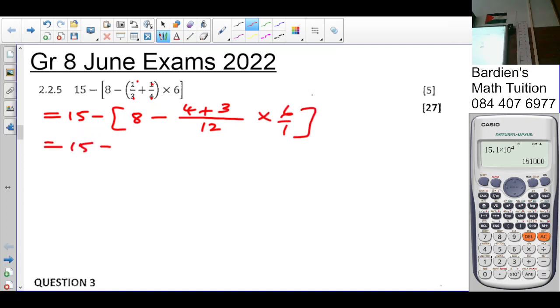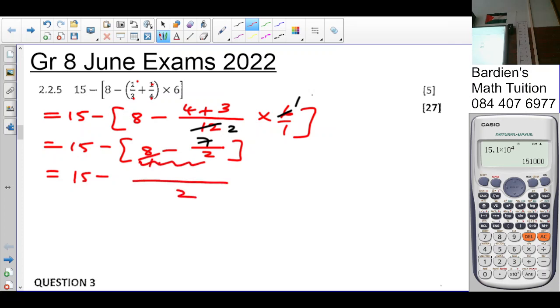So that's 15 minus, block bracket, 8 minus. 4 plus 3 is 7. 6 goes into 6 once, 6 goes into 12 twice. So 7 times 1 is 7, 2 times 1 is 2. So it's 15 minus. Inside the bracket here, you've got an LCM of 2. So that must be times by 2, so it's 16 minus 7.